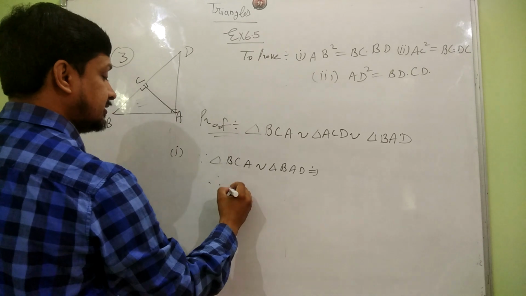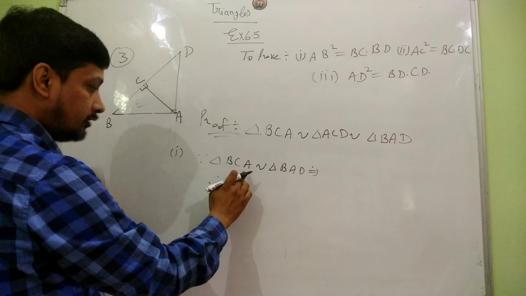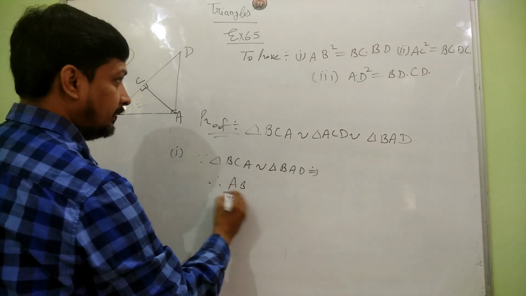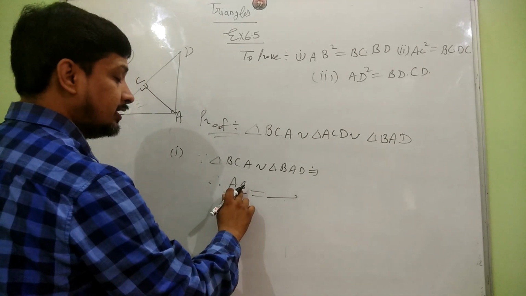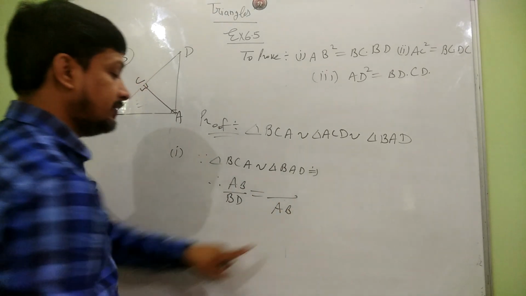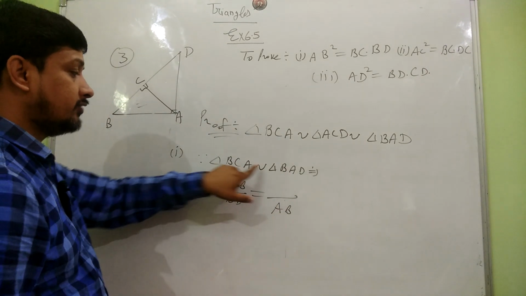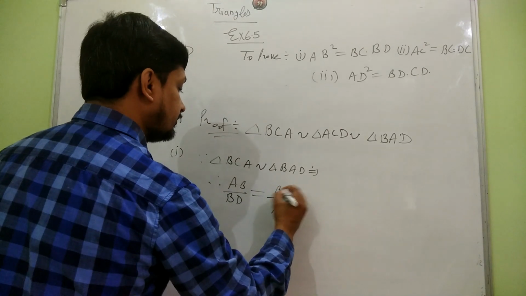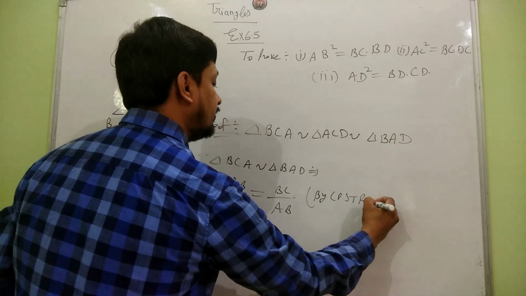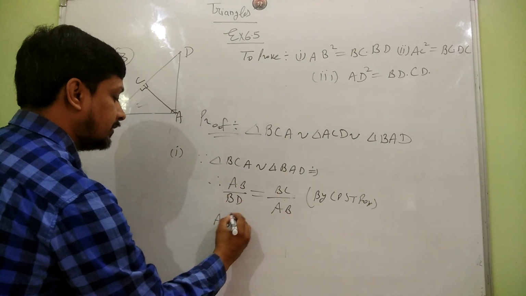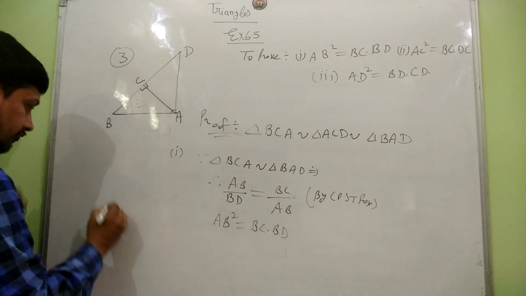So we can say AB upon BD, and we need AB square. So we write AB, and this AB is for the second triangle. So what is the side corresponding to AB in the first triangle? BC. So it is by CPST property. So we just cross multiply: AB square equal to BC into BD. This is the result.